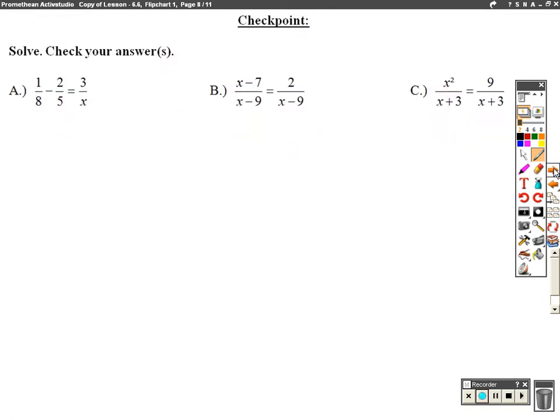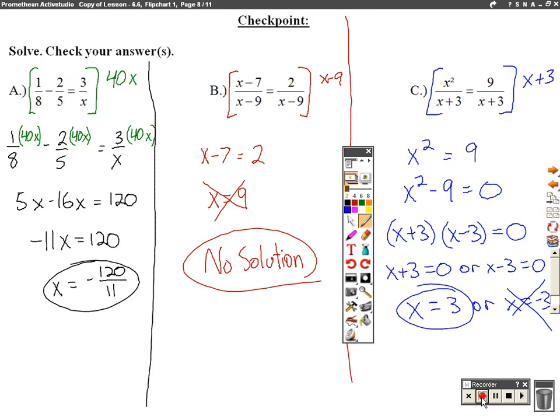Okay, go ahead and pause the video, work out these checkpoints, see how you can do. Okay, there are your answers to the first 3 checkpoints.